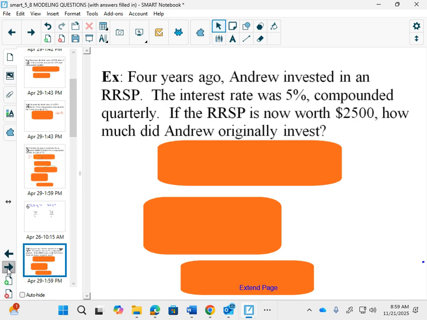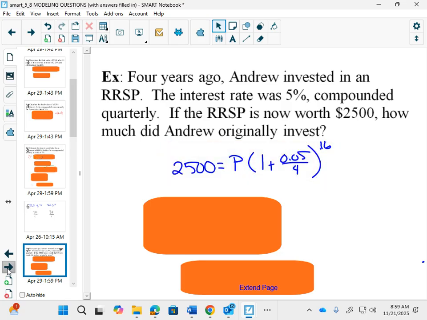All right. 4 years ago, Andrew invested in an RRSP. Interest rate was 5%. So again, we have to know where to plug things into the formula. And here, are we solving for an exponent?